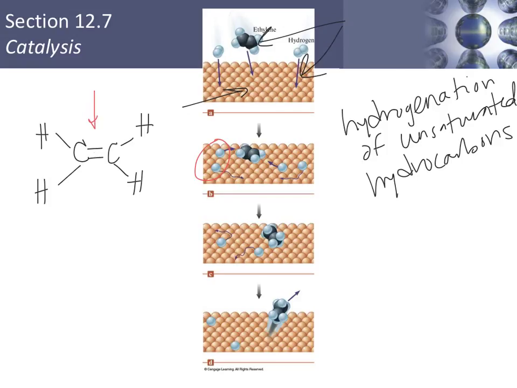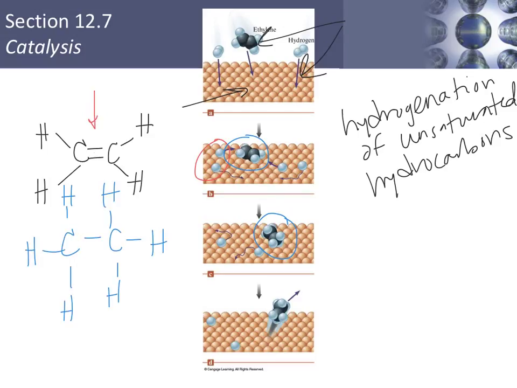In letter C, the adsorbed molecules and atoms migrate toward one another, and then they form new carbon-hydrogen bonds. You can see in B we've got 4 hydrogens, and in C we now have 6 hydrogens, and that looks like this.